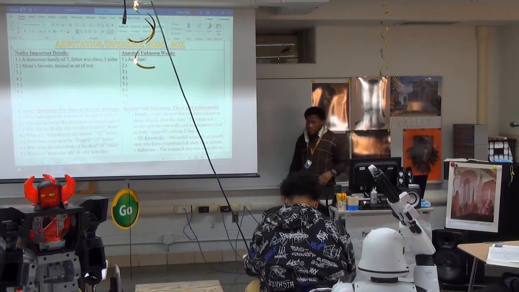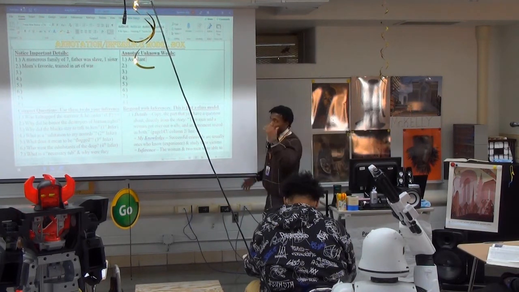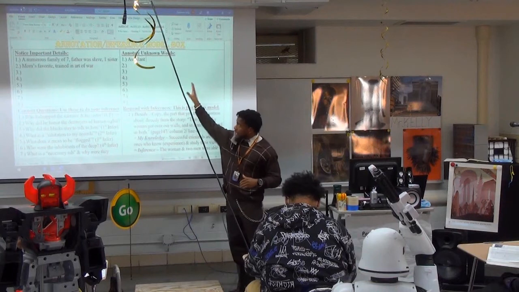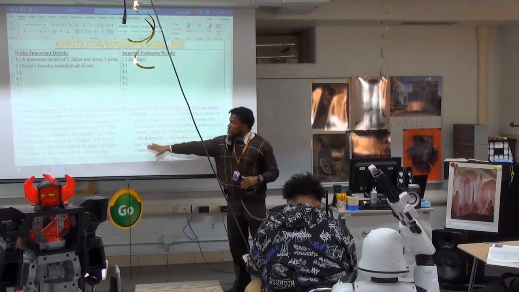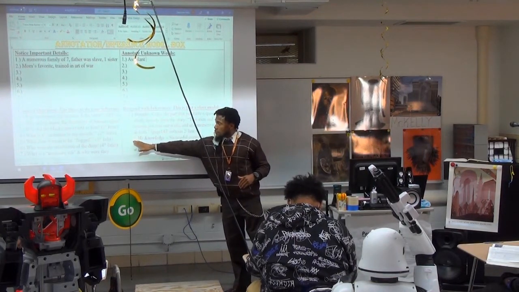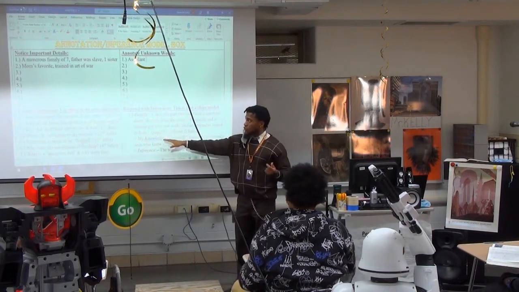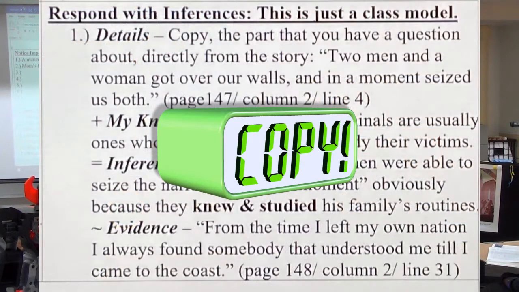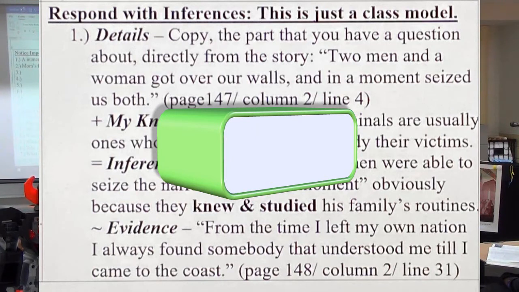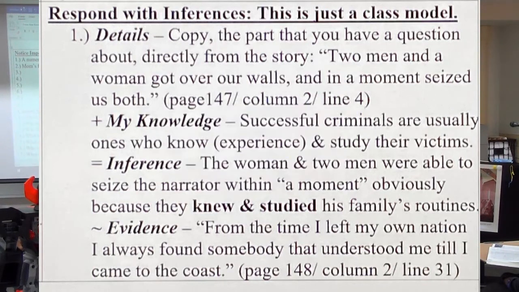So what we brought to the table was our knowledge, and when you do your inferences on your independent box, it's going to flow the same exact way. So you should have plus my knowledge, because that's what the formula said it should be. Facts and details coming directly from the story, and then your knowledge coming directly from your brain, or maybe from some type of a reference guide, like a dictionary if necessary, and you add those two together for the inference.